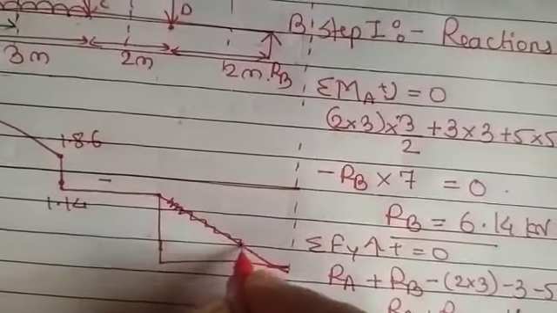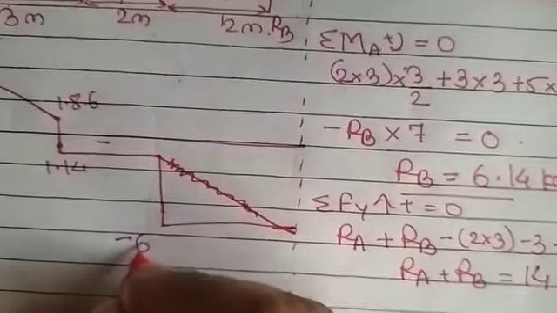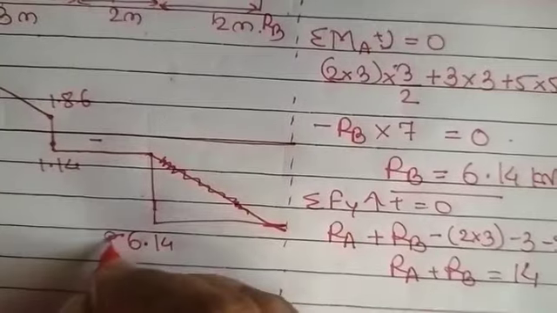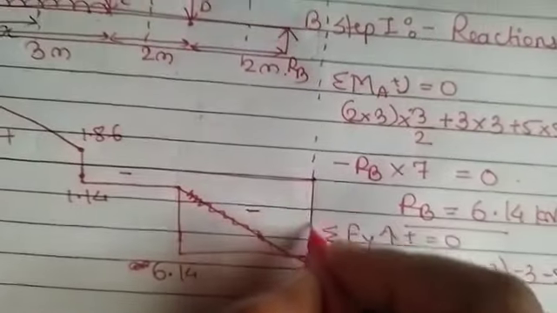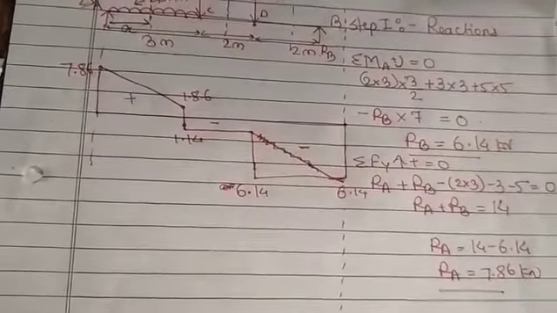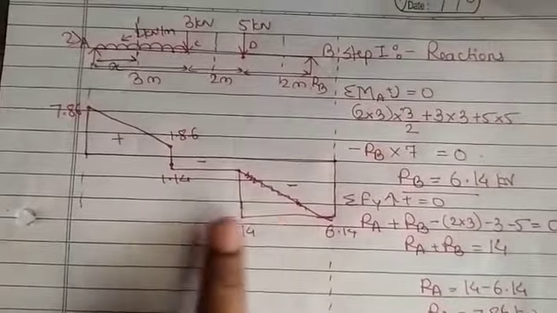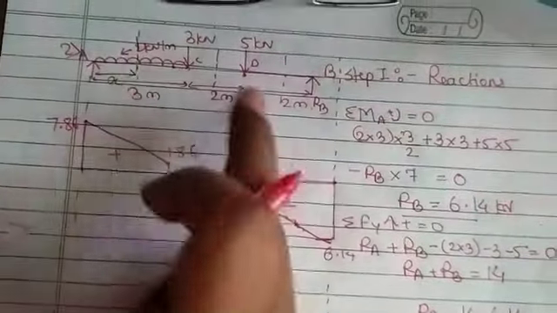For this section it will be the same, minus 6.14, and this is negative. So this will be your shear force diagram for a simply supported beam with this much of loading.